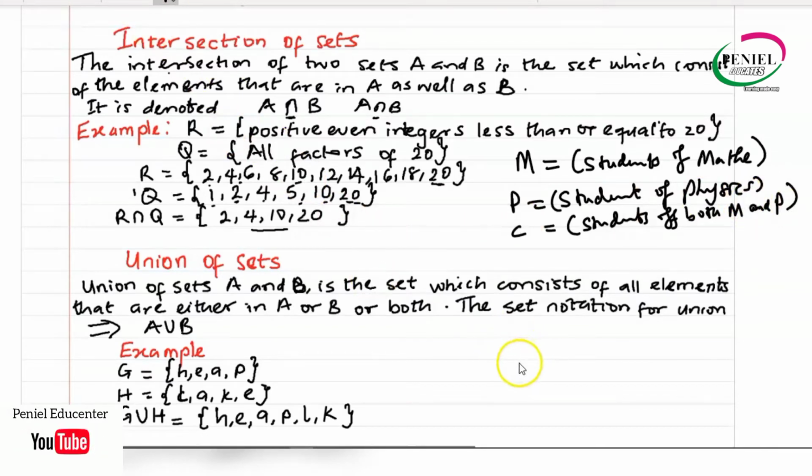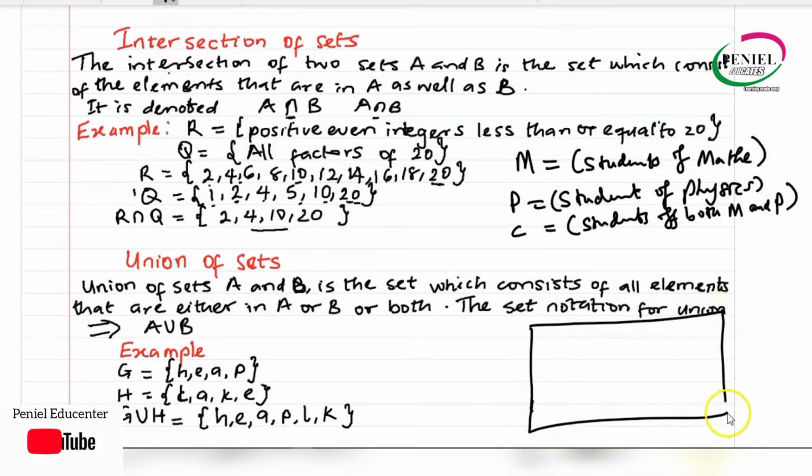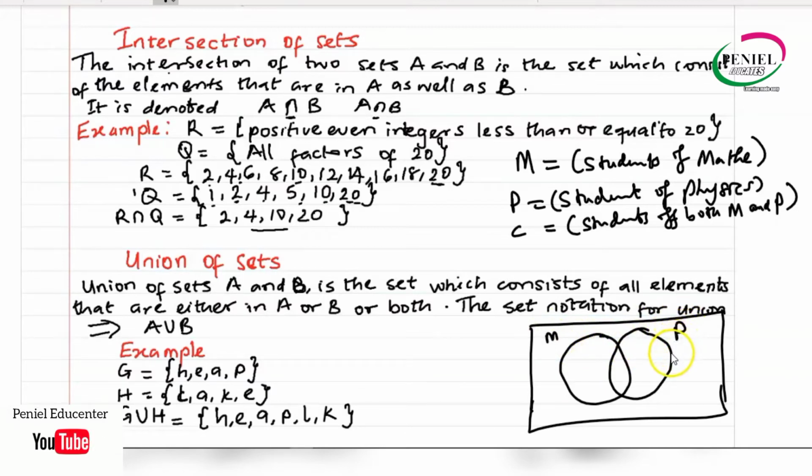Now, what do we do? Let us have a short Venn diagram for that. So this is M, the number of students offering mathematics, and P, the number of students offering physics. This particular middle is an intersect.